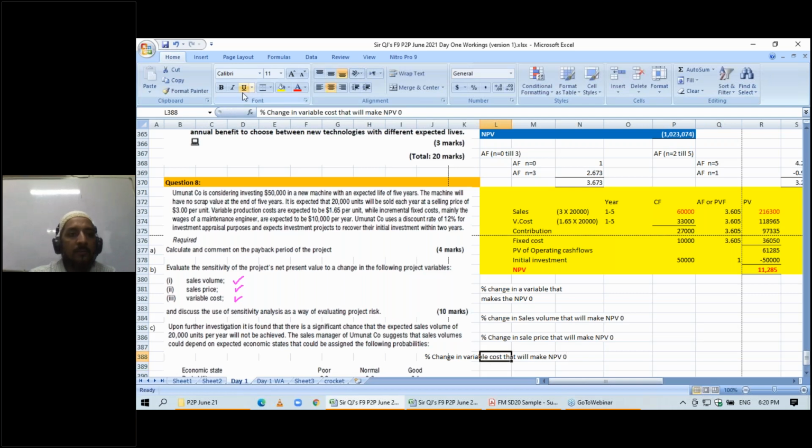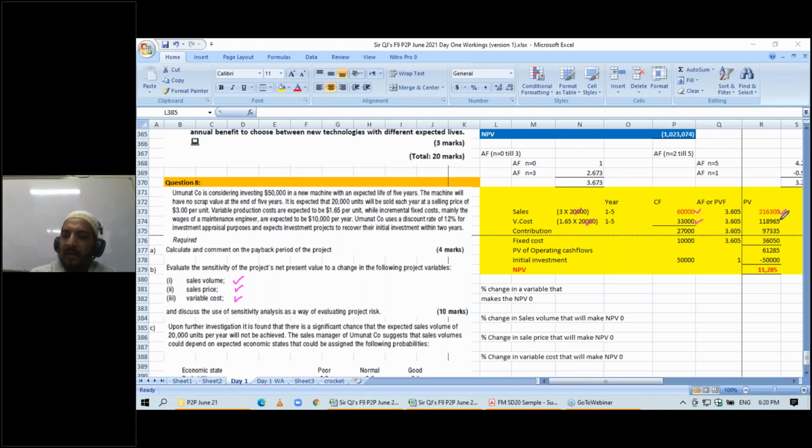Now on the basis of these requirements, I'll be making the formula. What is the formula for sales volume? Due to the change in sales volume, two variables will be affected. What two variables? If the sales change, this 20,000 will change, and this 20,000 will also change. So this will impact the sales and variable cost.